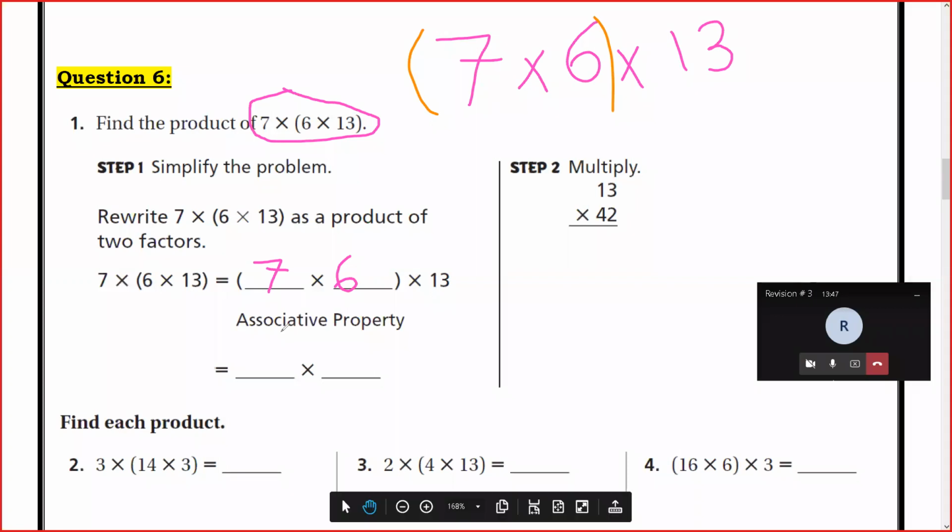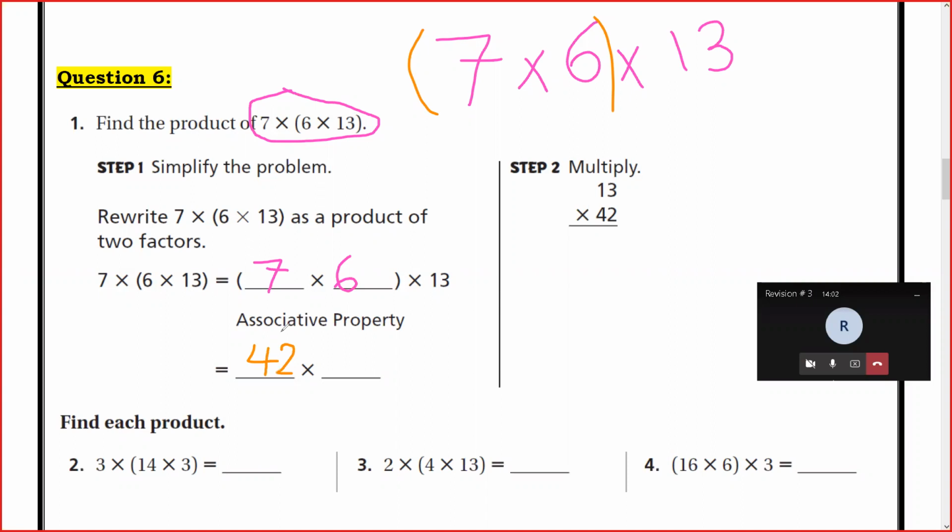Now, 7 times 6, 42. Then 42, I will multiply it by 13. So if you have three big numbers and you need to multiply them, just multiply two numbers, then multiply the product of them by the third one.